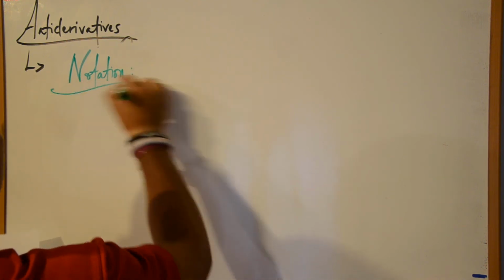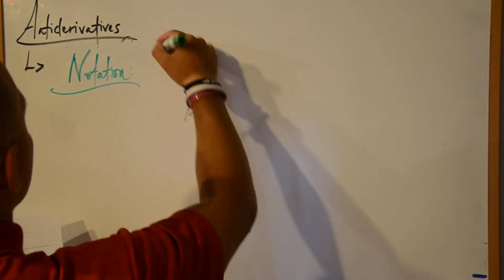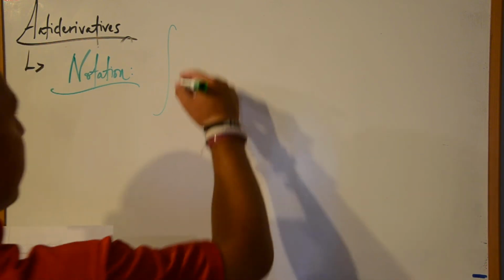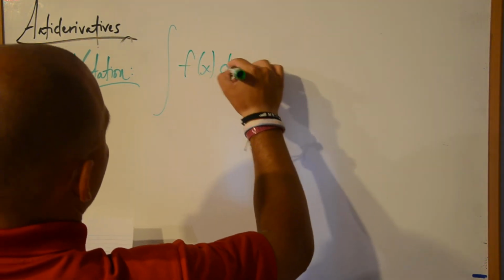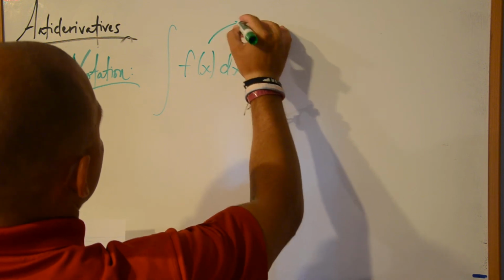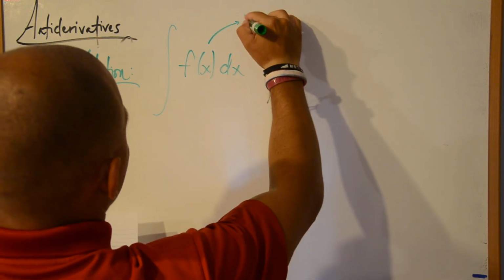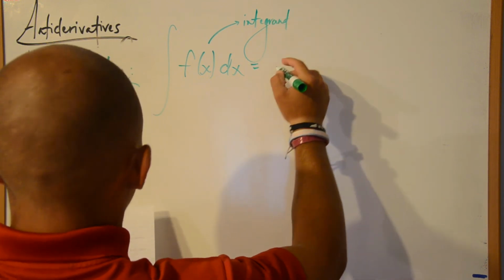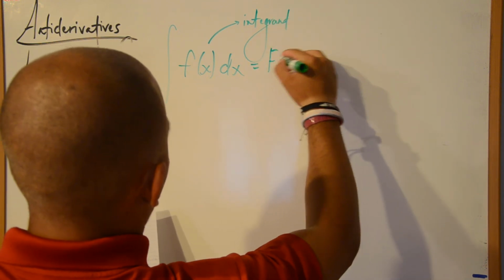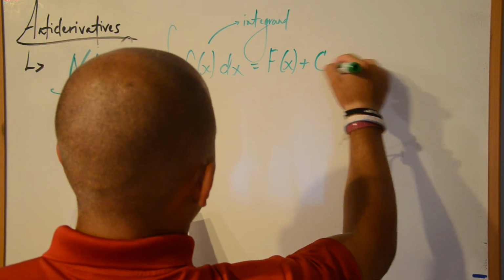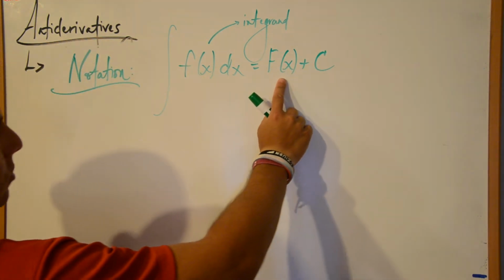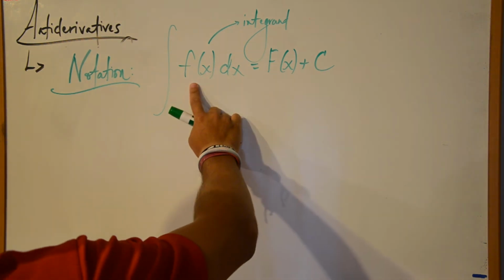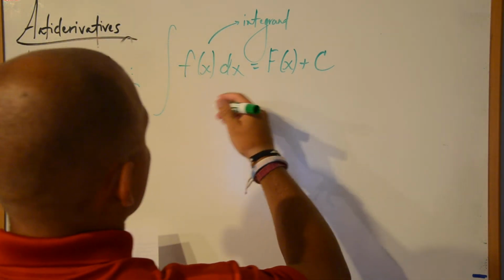So the notation when dealing with integration: we have our integration symbol, some arbitrary function f of x, dx. This piece here, f of x dx, we call the integrand. And this is going to be equal to capital F of x plus c, because if we take the derivative of this, we should get back the original function.